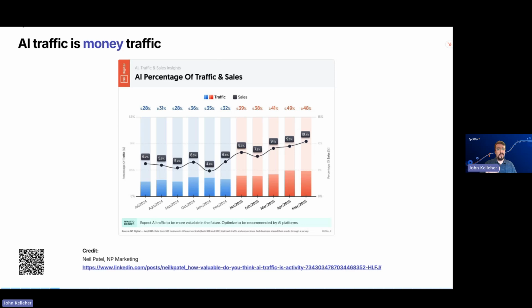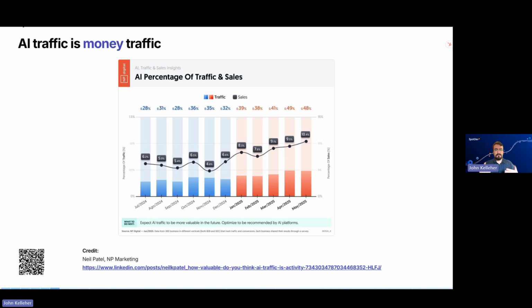So in other words, although we're getting slightly more in the way of traffic, we are getting much more in the way of conversions. So as you gain AI traffic, you should expect to get a disproportionate increase in your conversions. AI traffic is money traffic.